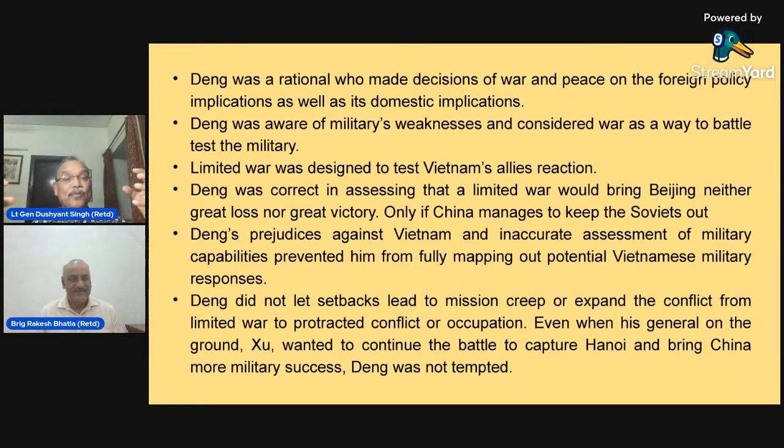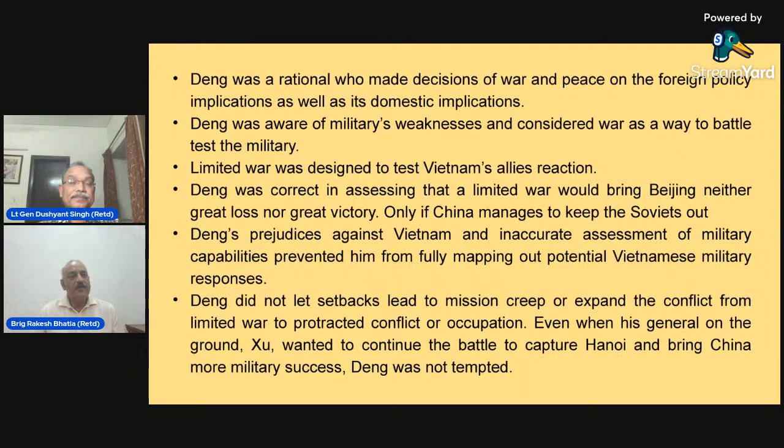There was a makeup of relationship between China and the United States of America, and Deng used this opportunity of the US trying to cozy up with China to serve his own end, saying that okay, we will attack Vietnam, don't come in the way. It will indirectly help you further marginalize the USSR. So this is called statecraft, and this is called a strategic approach to war before you actually enter into the war.